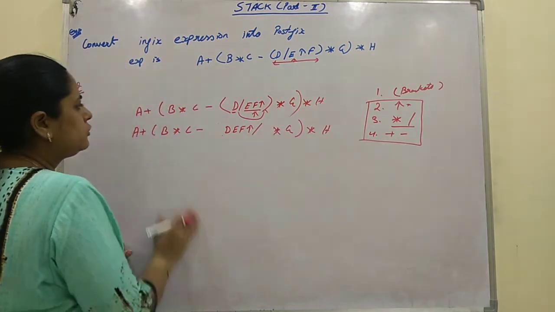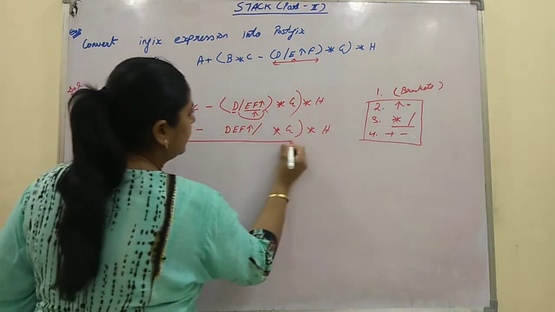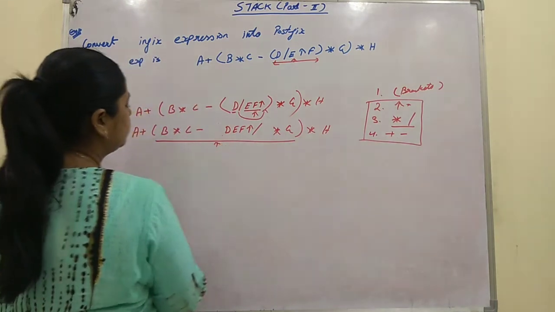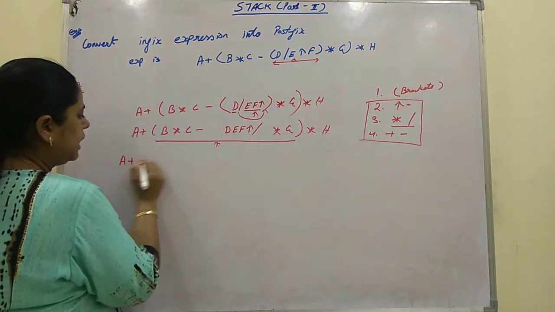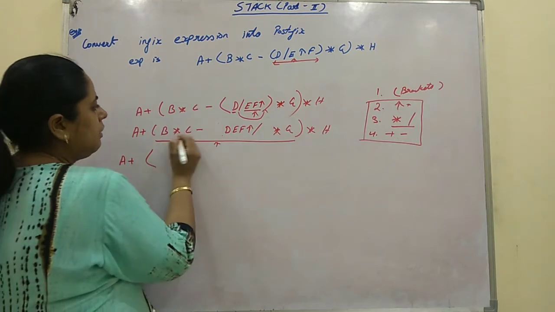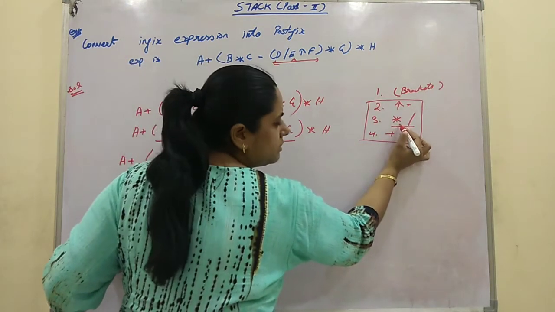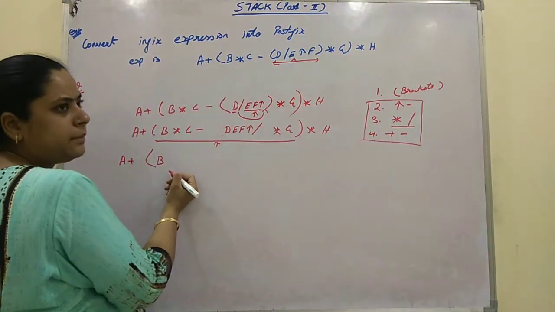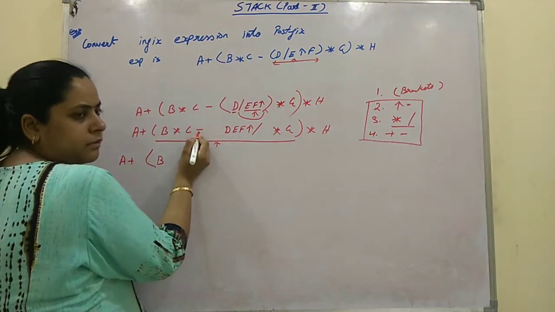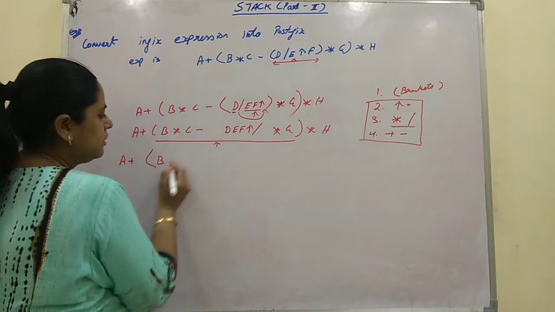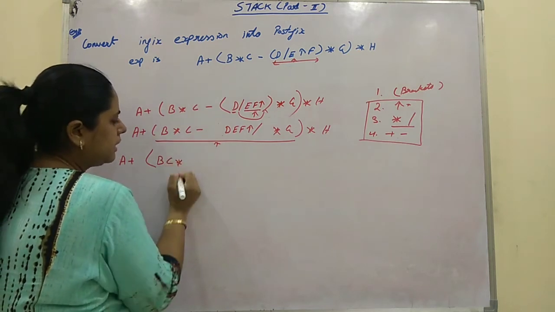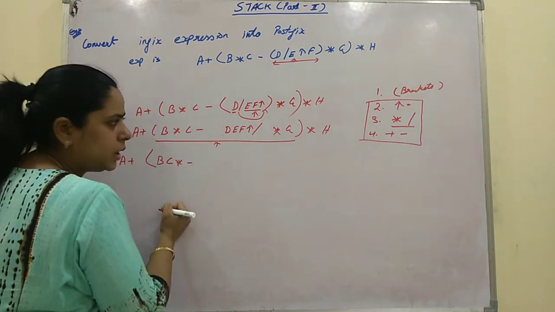Now we will solve the next bracket. Which is the next bracket? This is the next bracket. So A plus B asterisk. Next is asterisk. It is having higher precedence than minus. So C asterisk. Minus will be here only.